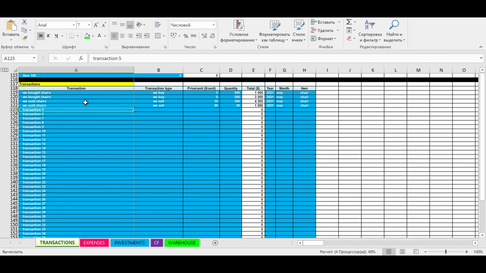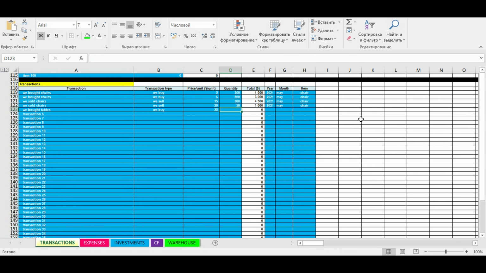Then, for example, we decided to buy some table. We buy. The price will be, for example, $25 per one table.